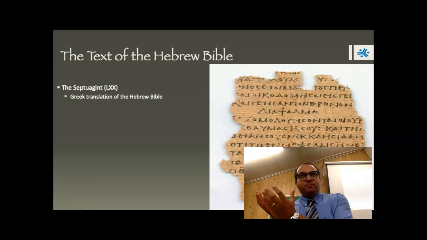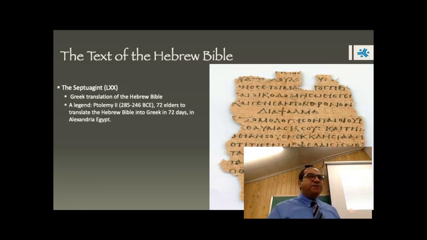So the Hebrew Bible, the Old Testament, was written in Hebrew and then translated into Greek. There is a legend or a story, that scholars doubt really happened in this way, that Ptolemy II, in around the 3rd century BCE, before the Common Era, asked 72 elders of the Jewish community in Alexandria in Egypt to translate the Hebrew Bible into Greek, and they translated it in 72 days.